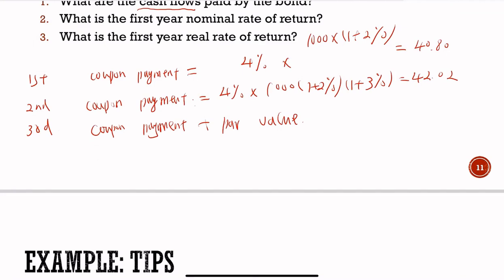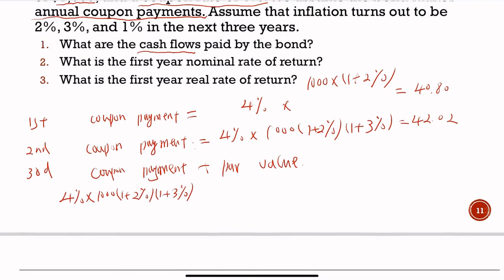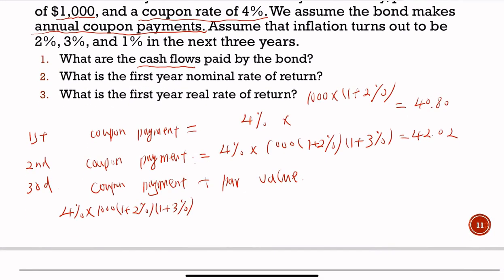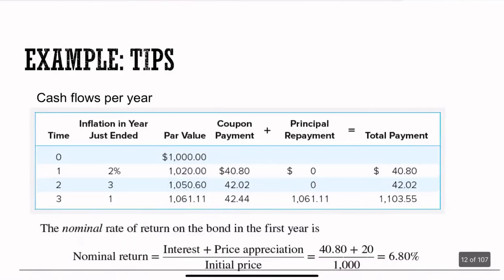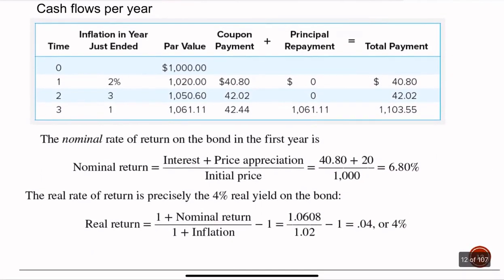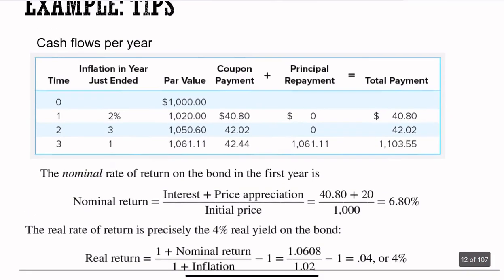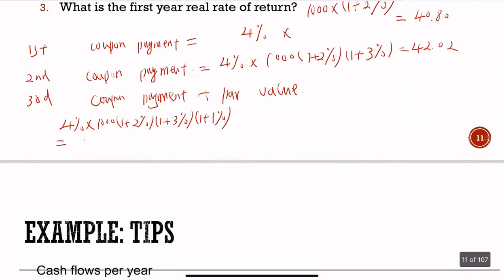The first one is coupon payment. So it's 4% times 1,000 times 1 plus 2%, 1 plus 3%, and then we have to consider the third year's 1% inflation. So this gives us 42.44.